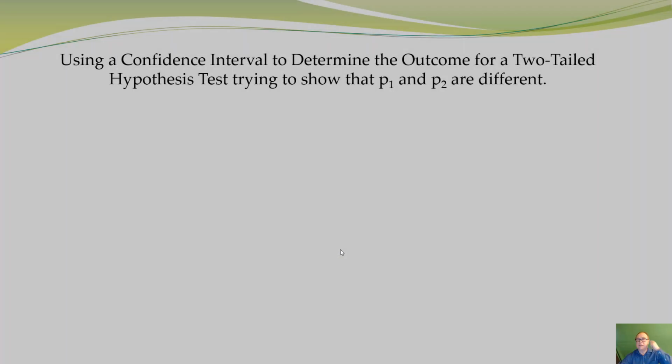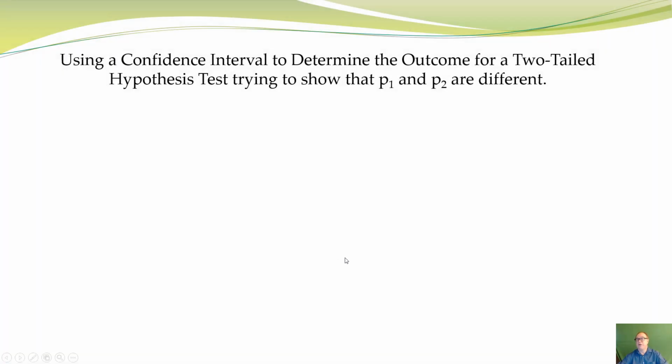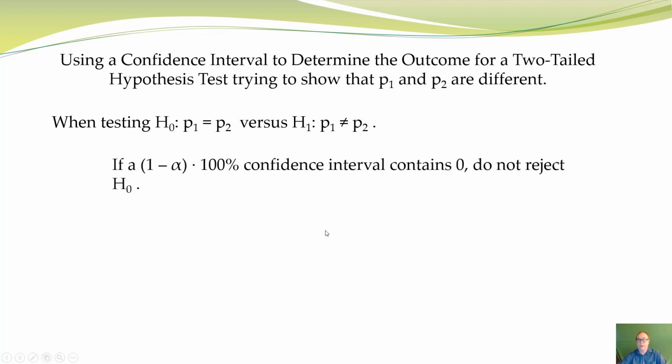So now, the next thing I'm going to do is using a confidence interval to determine the outcome for a two-tailed hypothesis test, trying to show that P1 and P2 are different. So we're testing the null hypothesis P1 equals P2 versus the alternate P1 not equal to P2. Well, once you get a confidence interval, if it contains 0, do not reject the null hypothesis.